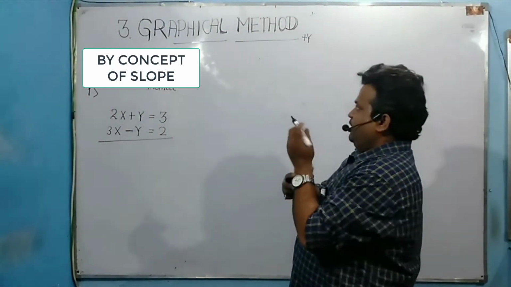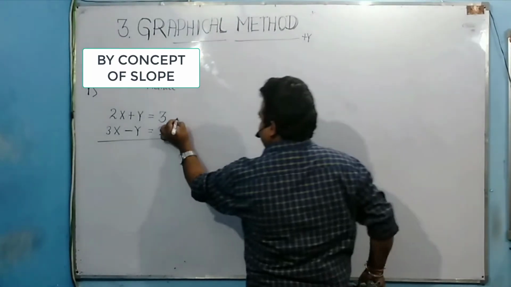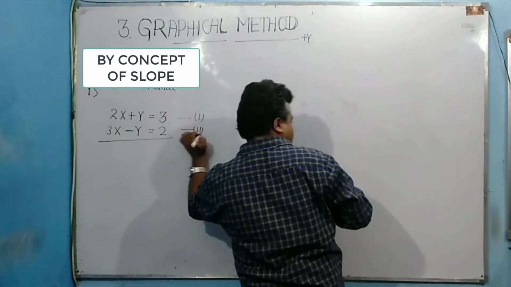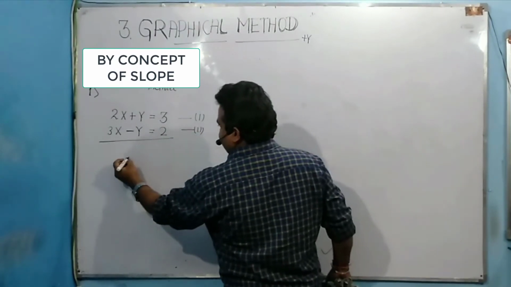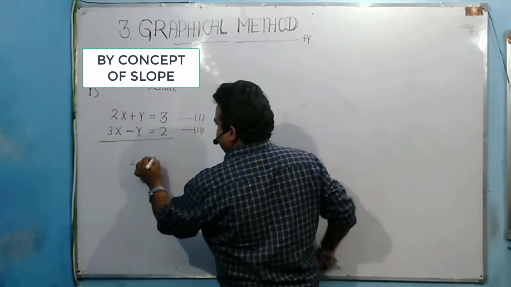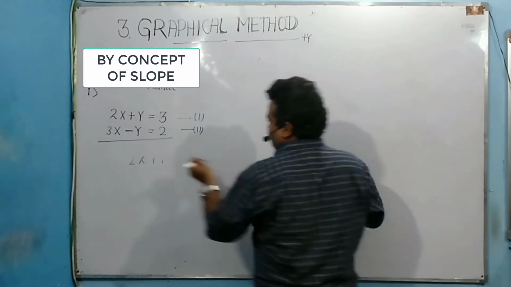Now I am going to tell you the solution of this equation. How to solve the problem by the slope method? So this is equation number 1, this one is equation number 2. Take the first equation: 2x plus y is equal to 3.